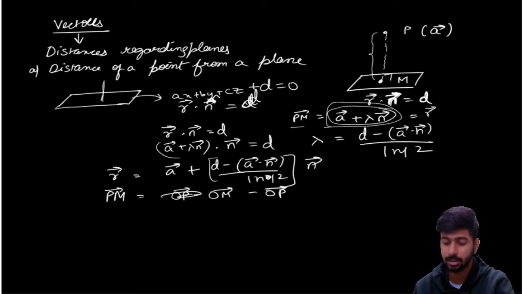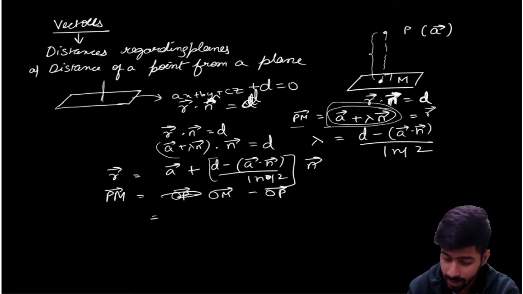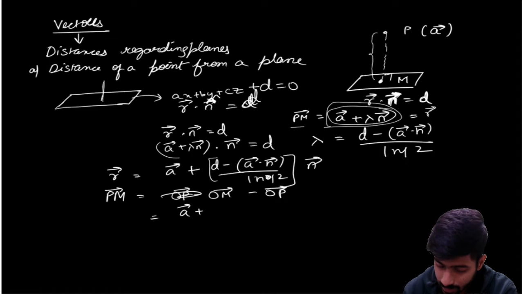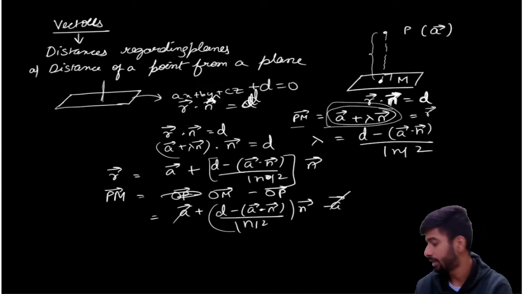If it was MP bar, then it would be reversed. So OM bar is nothing but r bar, your position vector of M, a bar plus d minus a dot n by mod n square times n bar, and OP bar is nothing but a bar itself. So a bar will get cancelled, and then this is what you get for PM.